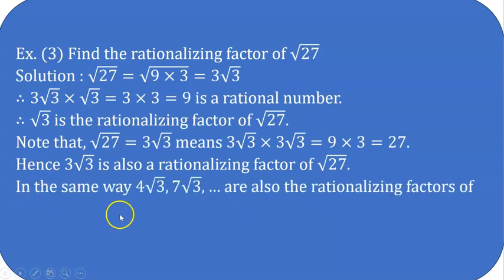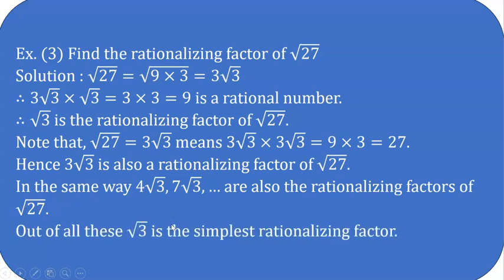In the same way, 4 root 3 and 7 root 3 are also rationalizing factors of root of 27. Out of all these, root 3 is the simplest rationalizing factor.